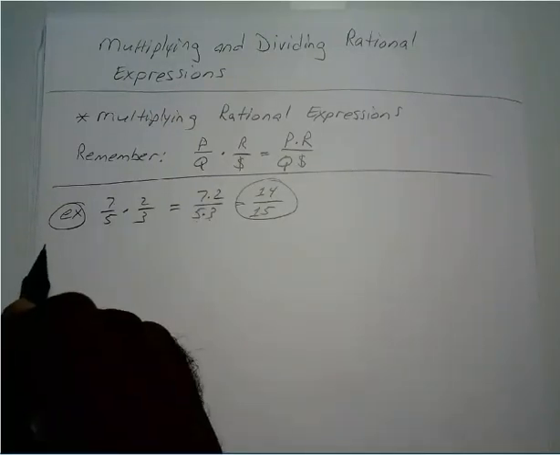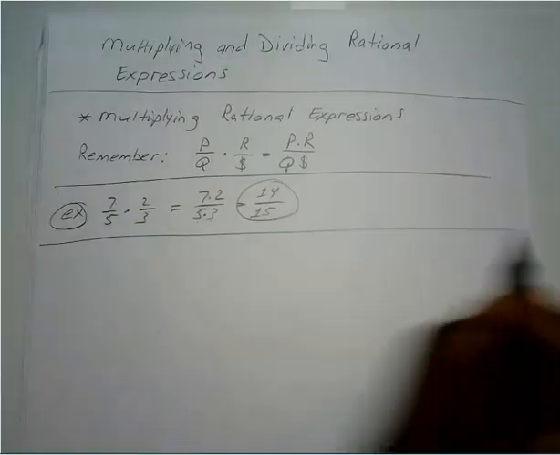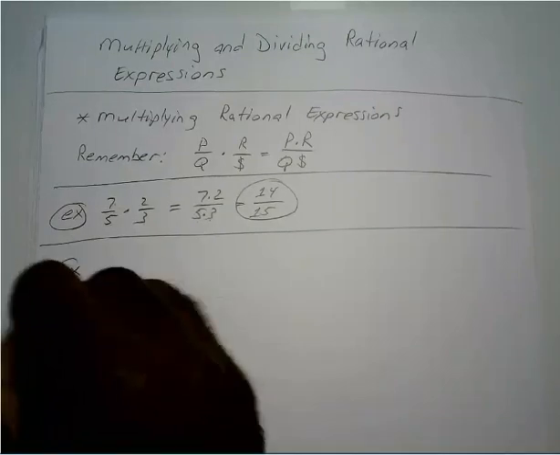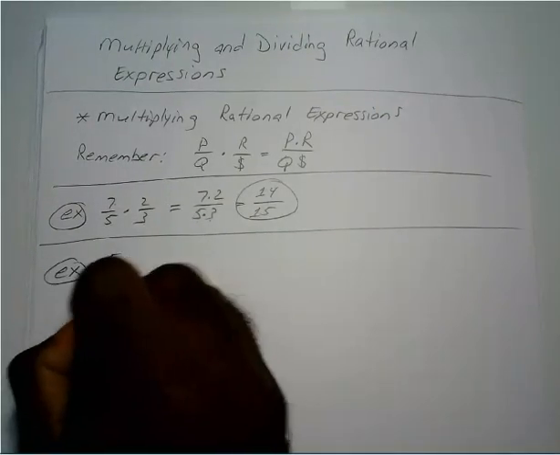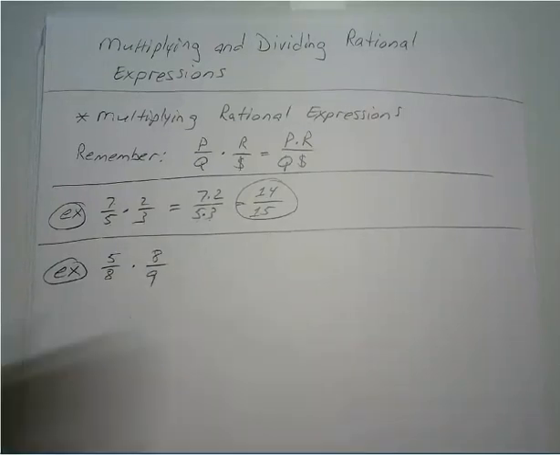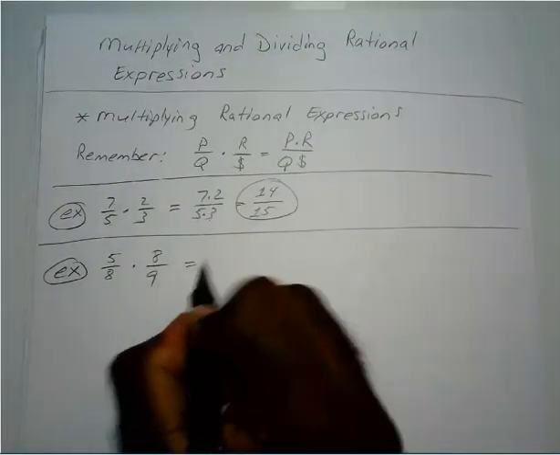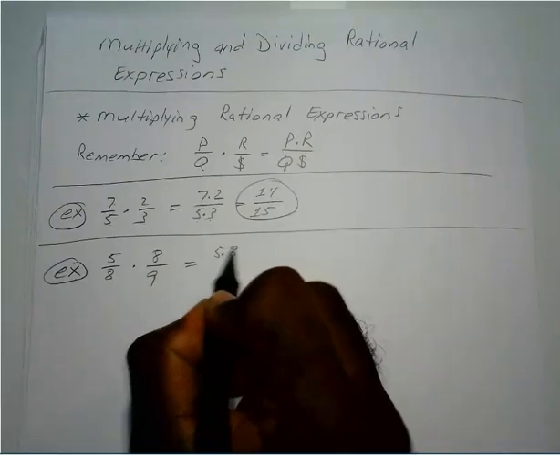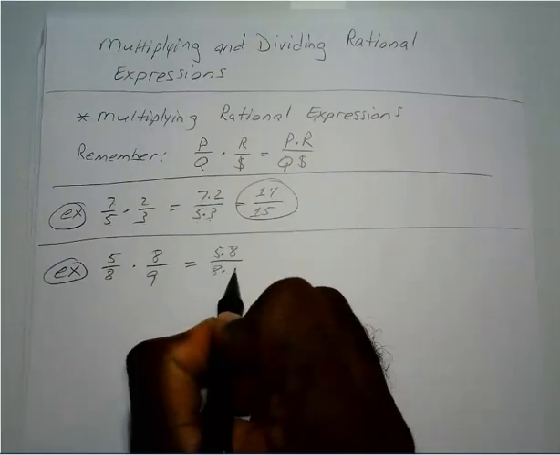Alright, so it's the same way if we have a problem, let's say, for example, 5 over 8 times 8 over 9. That is just 5 times 8 over 8 times 9.